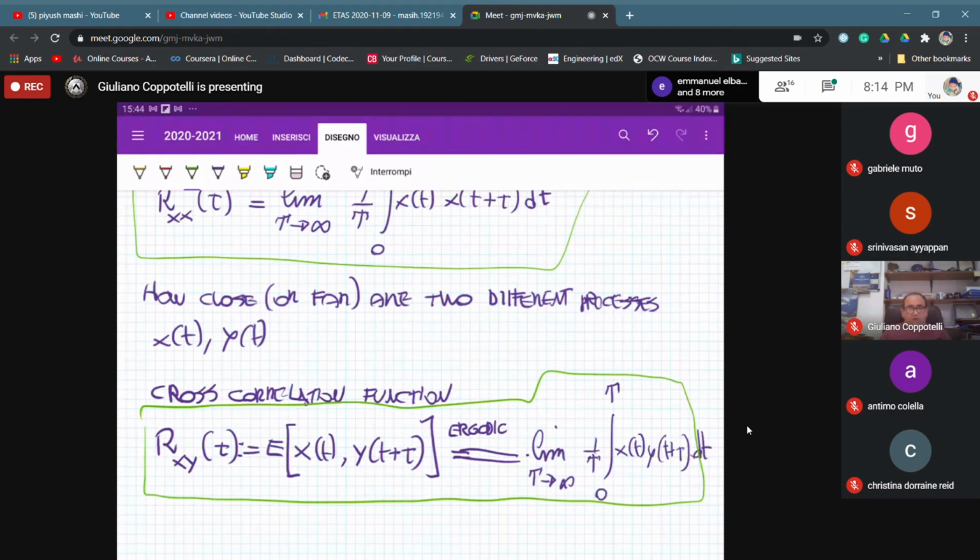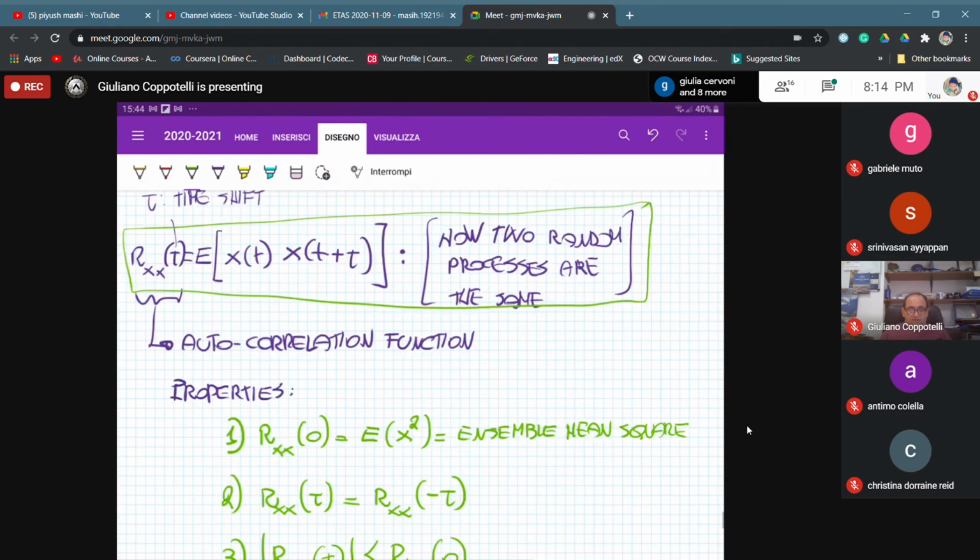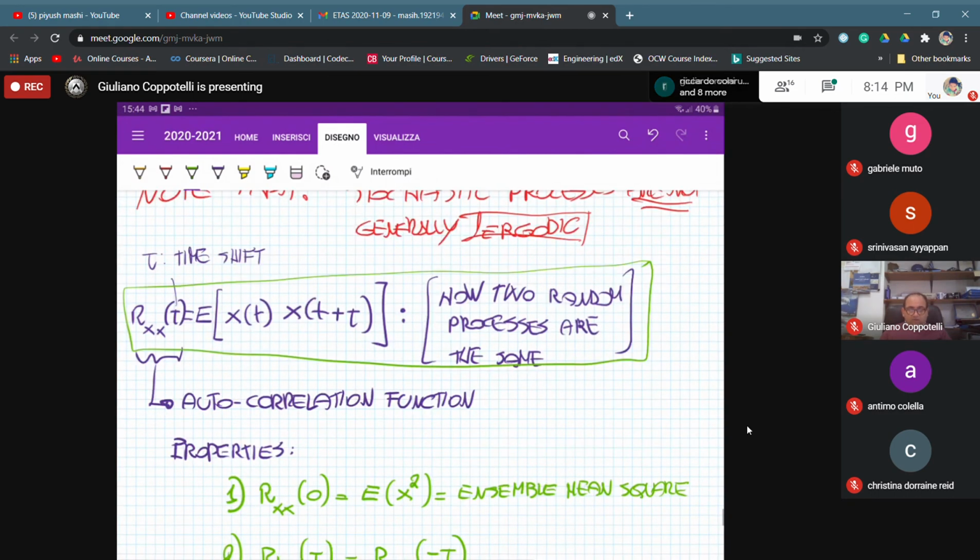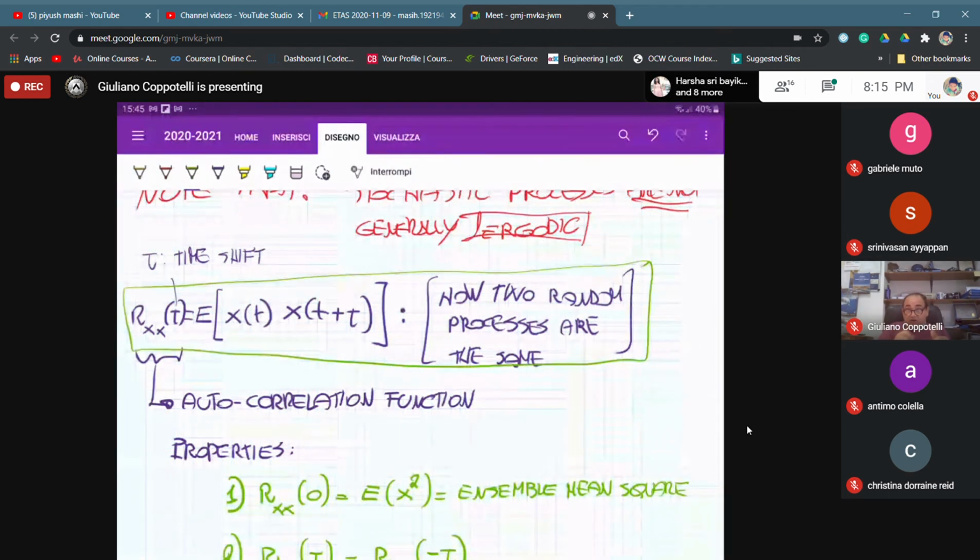Another important thing is that although these definitions refer to the expectation operator E, if we are dealing with ergodic stochastic processes, then our work is very easy, because we can exchange the ensemble average with the time average.